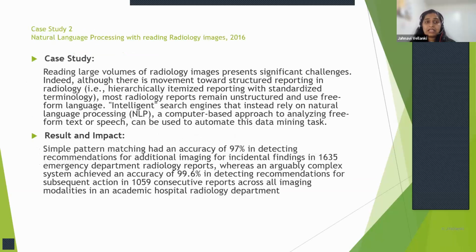The second case study is about a natural language processing model in 2016, where this was conducted with a university with a radiology lab in it. They receive large volumes of radiology images, and as we have talked earlier, the images from radiology don't have defined data sets that they could categorize them.